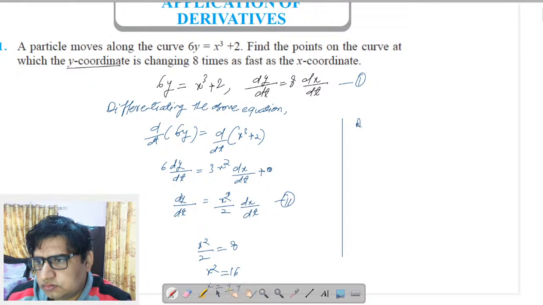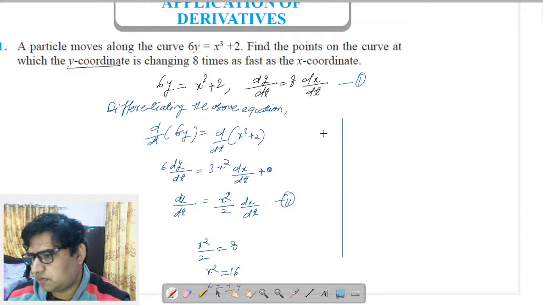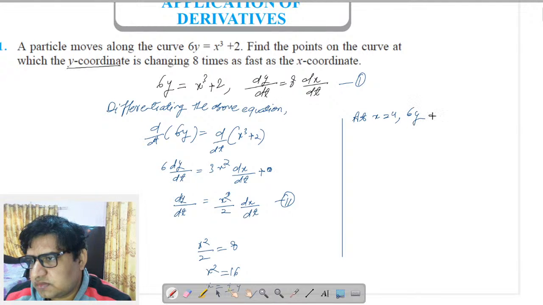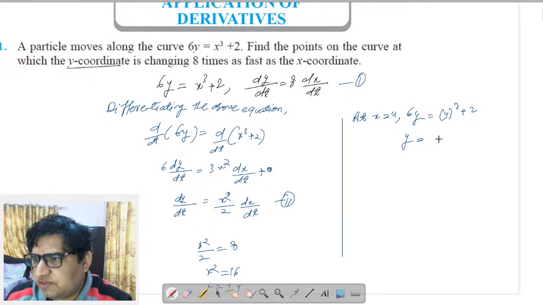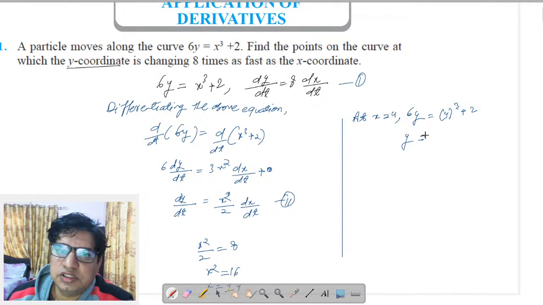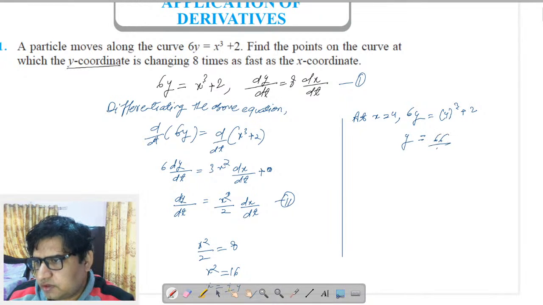at x = 4, y will be equal to, so 6y = 4^3 + 2 after putting x = 4 here. 4 fours are 16, and 16 fours are 64, so 64 plus 2 is 66, and divided by 6, that will be 11.